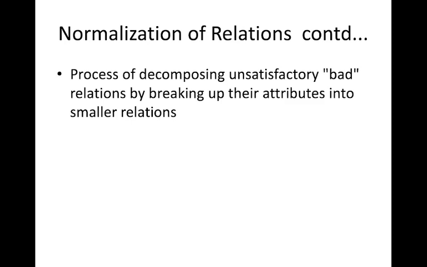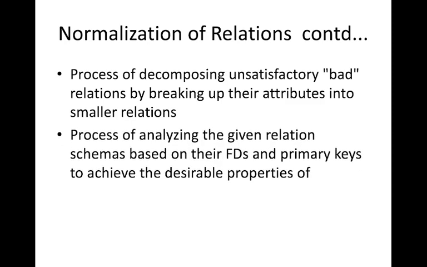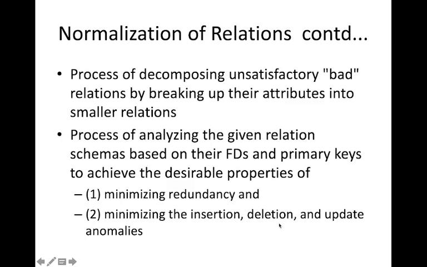If it is not satisfied, we will decompose, or split it into two or more tables, or two or more relations, and check again whether it satisfies those conditions. So the process of analyzing the given relation schemas based on their functional dependencies and primary keys to achieve the desirable properties of minimizing redundancy and minimizing insertion, deletion, and update anomalies is known as normalization.